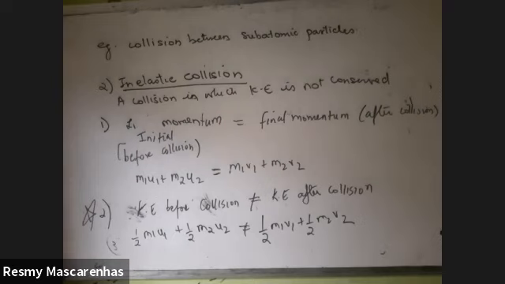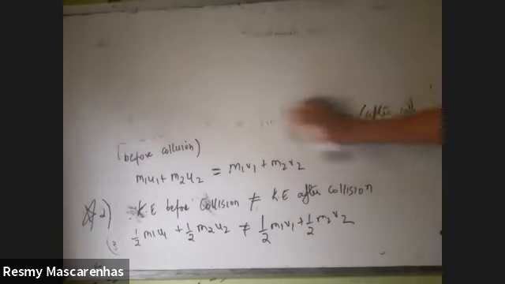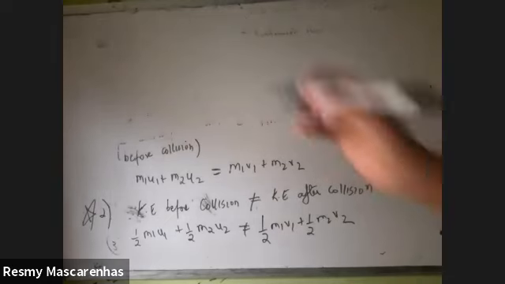Okay, the third point. First point is same for both. Second point is different. In that case it was equal, here it is not equal. Third point is also different. There, energy was not lost.